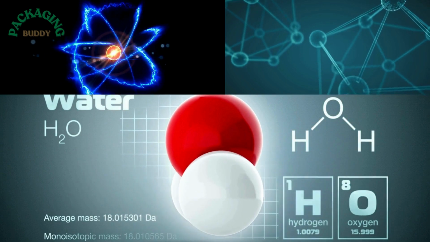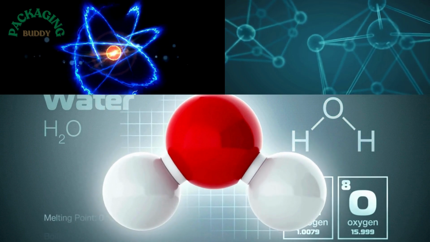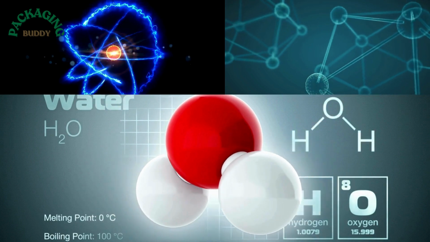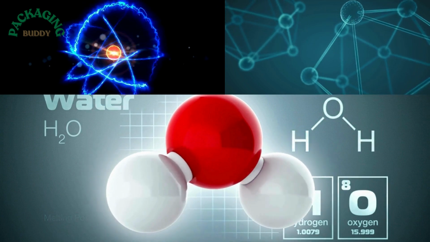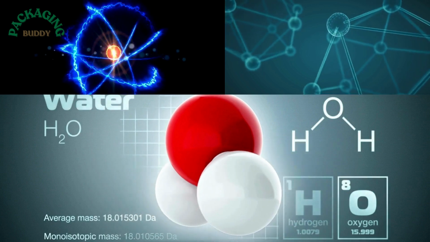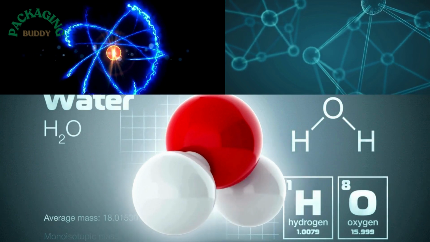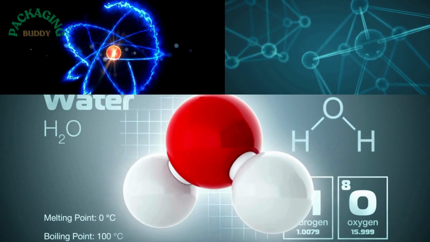Atoms of the same element are identical in all respects, that is size, shape, and mass. Different elements combine together to form compound atoms. Then it's called molecules. Example, 2 hydrogen atoms and 1 oxygen atom combine to become a water molecule.